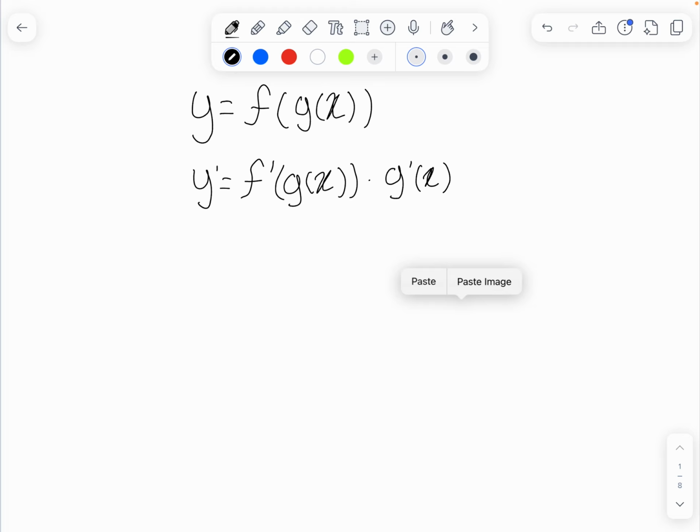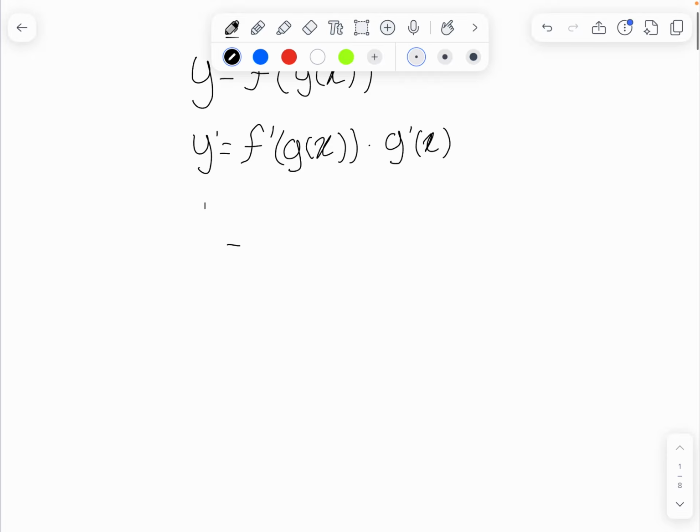So that is the main chain rule formula, but there is also a power rule combined with chain rule formula, and that is y prime equals. First we need to write the original function.